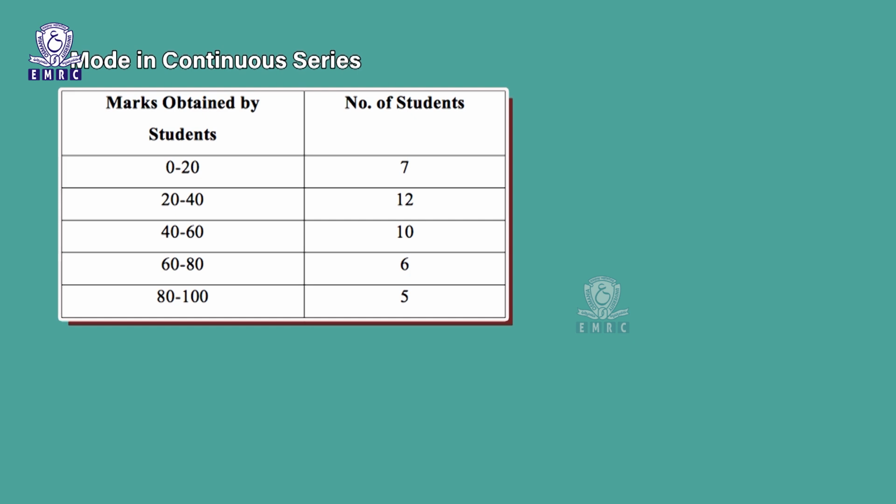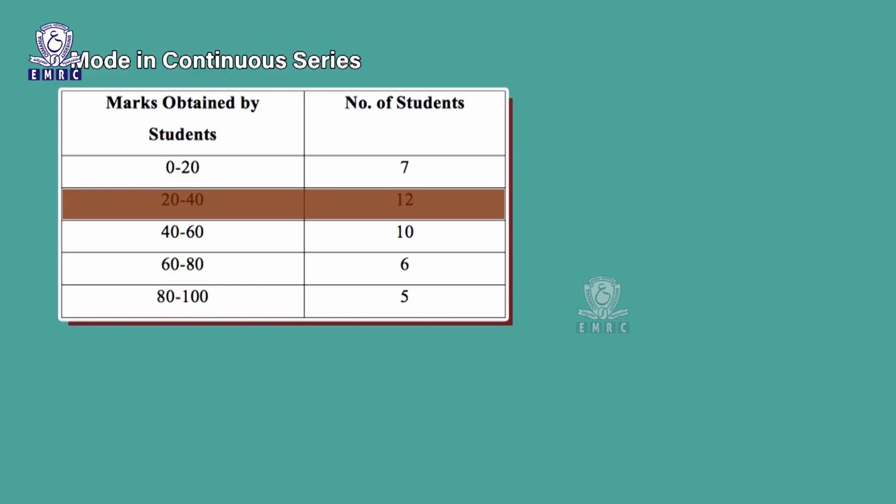There are 12 students who have secured marks between 20 to 40. There are 10 students between 40 to 60. There are 6 students who have secured 60 to 80, and there are 5 students who have secured 80 to 100 marks. And our duty is to calculate the mode value for the data.